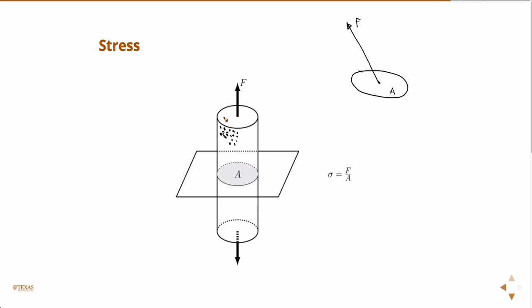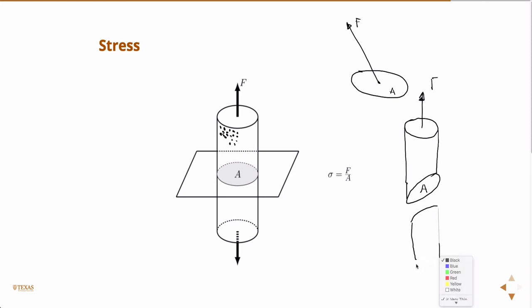Okay, but what I want to say here is, let's imagine that instead of the area I have drawn there, I want to take the same force and normalize it by an area that's a cross-section of the bar at an angle.